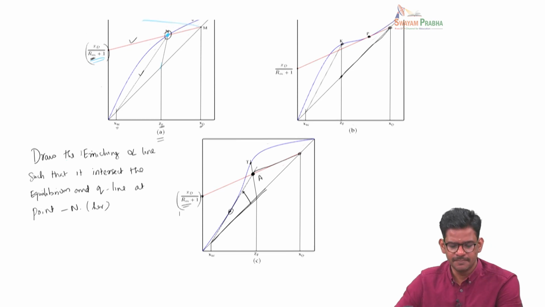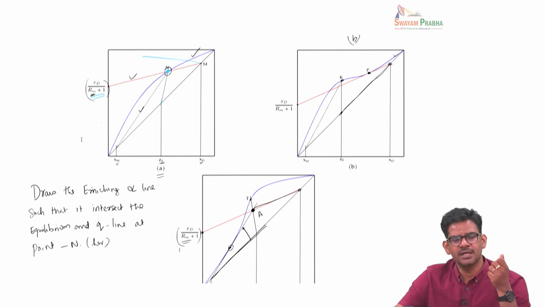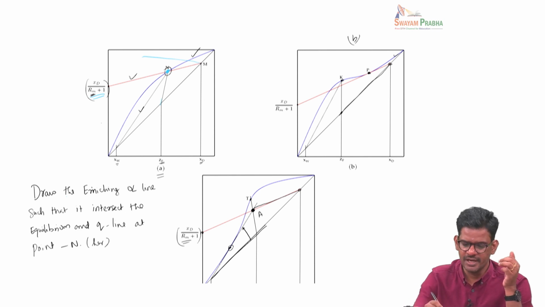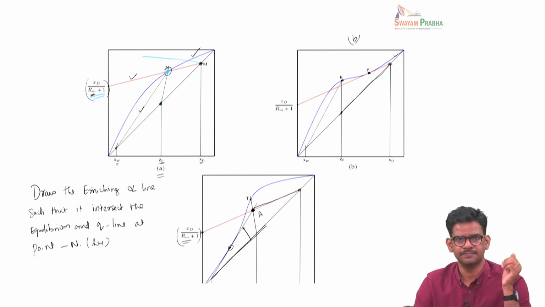So to summarize, obtaining the minimum reflux ratio means drawing the operating line with the smallest slope possible so that it touches the equilibrium line. For a regular equilibrium line like this, where alpha is nearly constant, it is a straightforward process. All we need to do is locate XD, locate XF and then draw the Q line, and then we locate the XW.